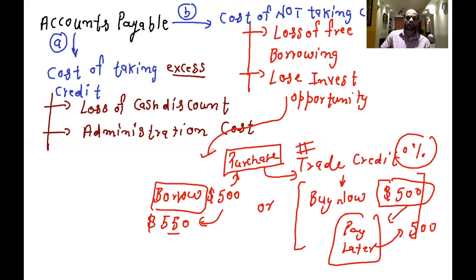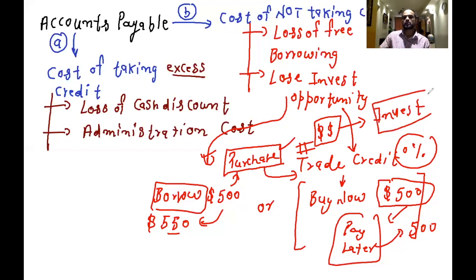Because you choose this option, which means you're using cash for purchase. But if you choose the other option, then whatever cash you already have, you can use that cash to invest. But you are not doing that, because you are making all kinds of payment in cash. So that's why you lose investment opportunity.